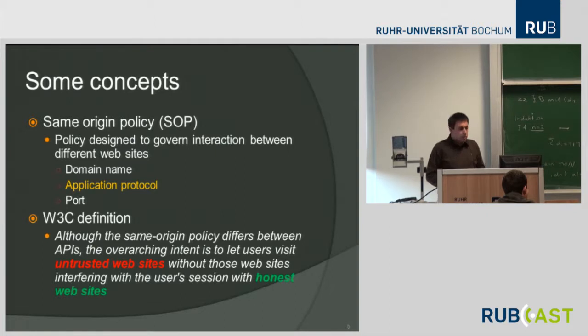The point is that it talks about two different websites. But the same origin policy is more than that. It's not just checking if one website is trying to access or do bad things on another website. It's also checking if, for instance, a website is trying to get into your local file system. If that attempt occurs, then the same origin policy should prevent that kind of attack. So it's not just between different websites. It's more than that.